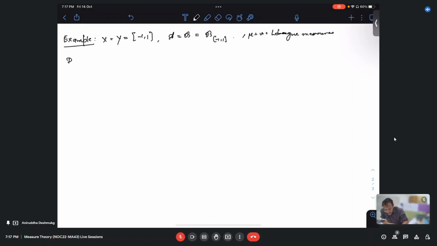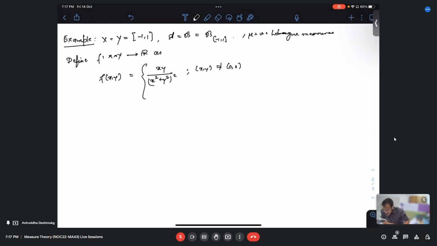Let us define a map f from x cross y to R as follows. f of xy is xy over (x square plus y square) whole square whenever xy is not 0, 0. And when it is 0, 0, it is 0.